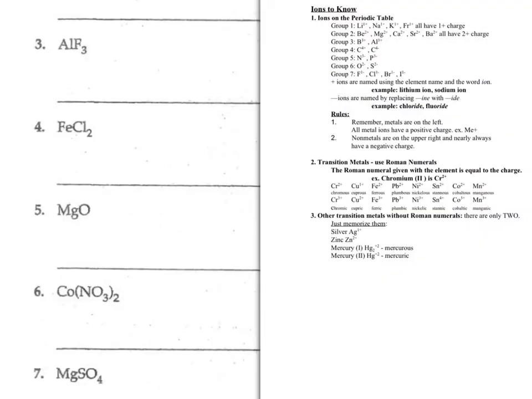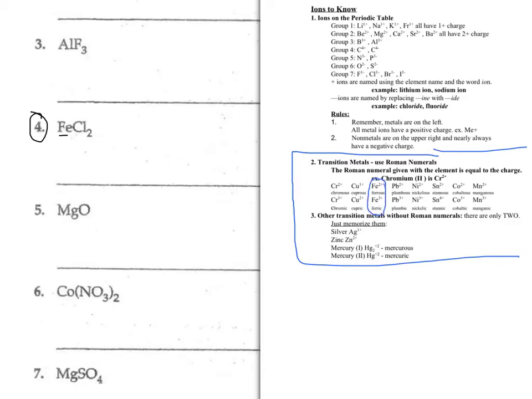Let's do number 4 right here, okay? This takes a little bit more thought, and the reason why is because iron is a transition metal. If you look again over here, this is the little section on your gold sheet about transition metals. I want to point out that you have iron right here.